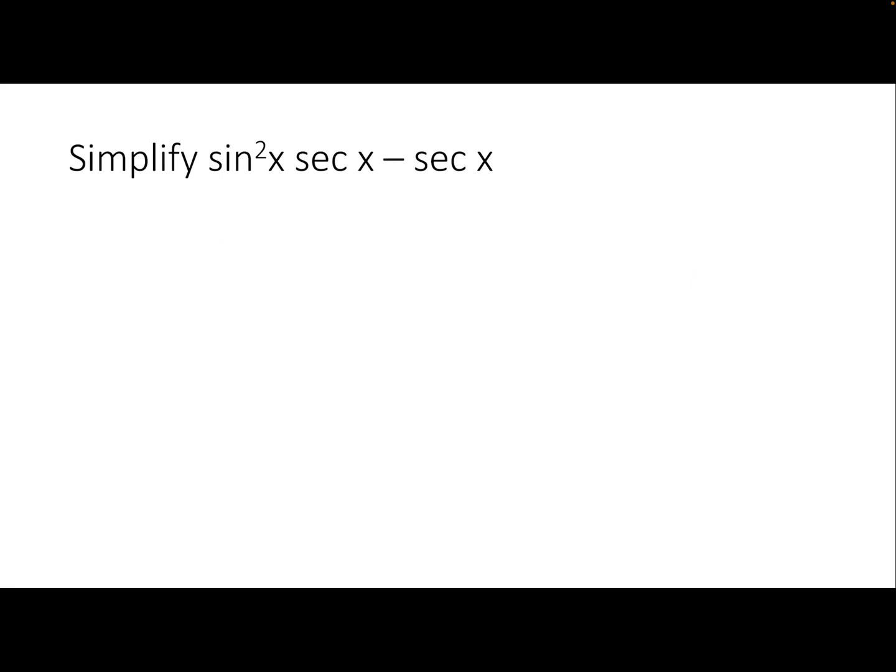So if we're asked to simplify something like sine squared of x times the secant of x minus the secant of x, what usually throws students off is they tend to dislike this chapter because it's a big jump. Remember that jump when you were in class, and first, numbers were everything. Math was all about numbers and geometry and spatial relationships and so forth.